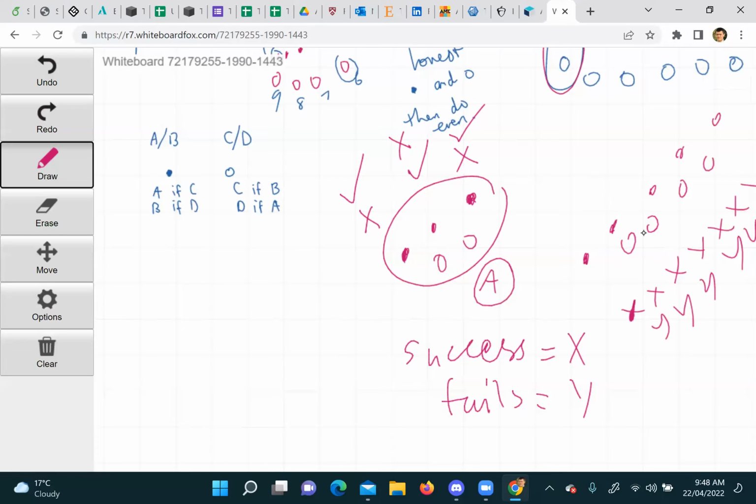Okay. So what would be a good or bad strategy at which you do the negation? Yeah.